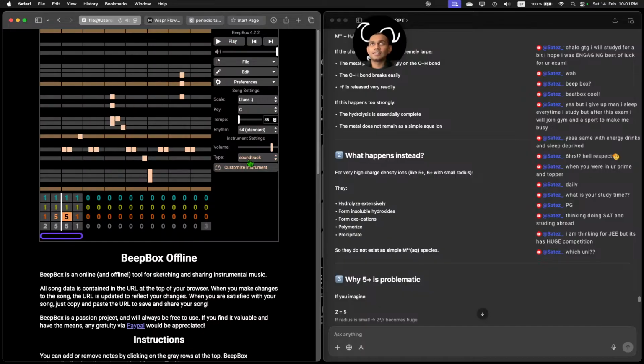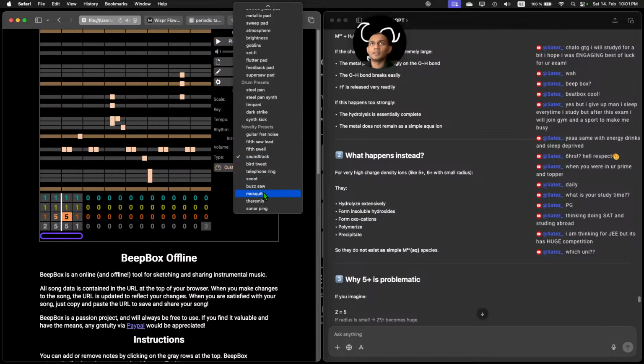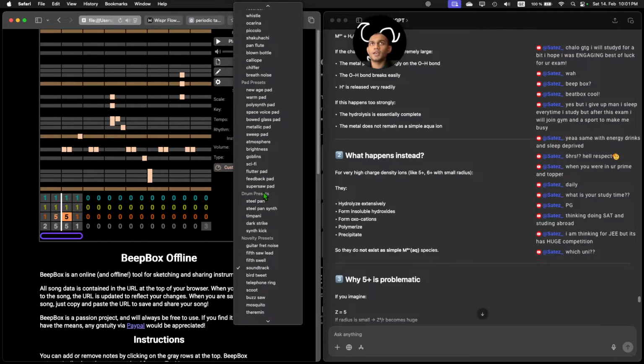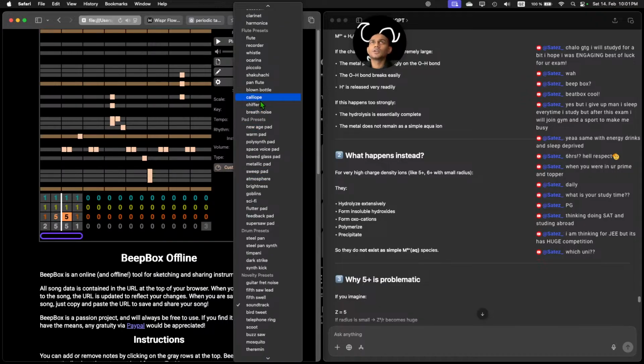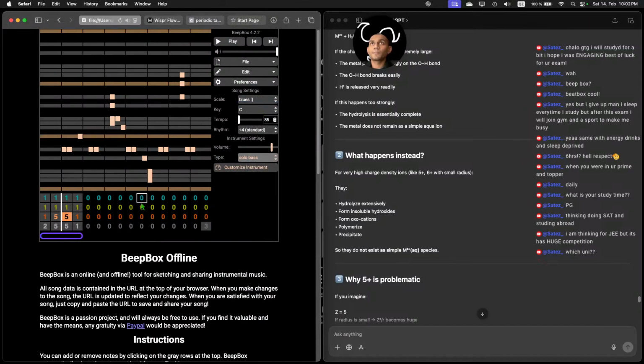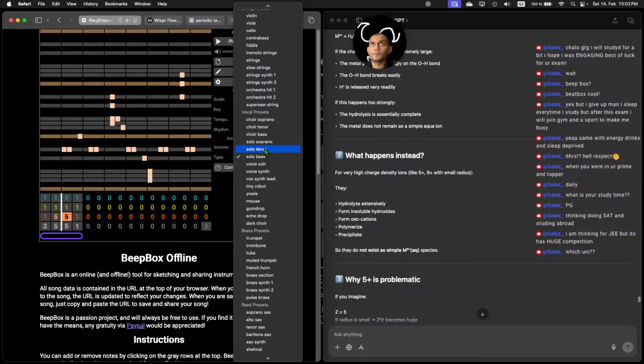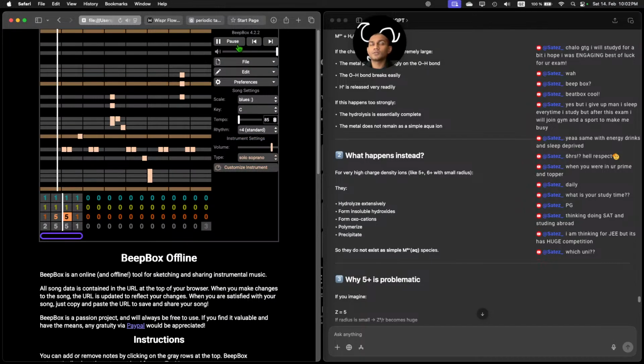Nah. Buzz saw, steel pans, super saw pad. I checked almost every one of these, but calliope, sax, synth, tenor sax, alto sax, brass, vocal, solo bass. Nah. Solo sopranos.